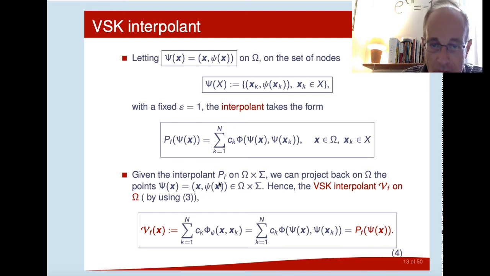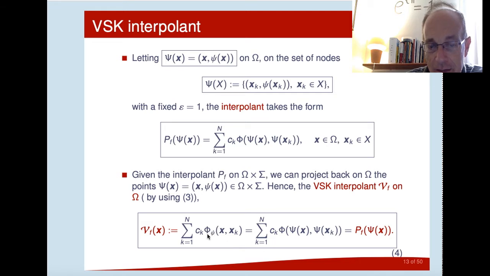So given the interpolant, we can project back on Omega the points Psi of x, and so the VSK interpolant that we now define as V_f on Omega is given in this way.